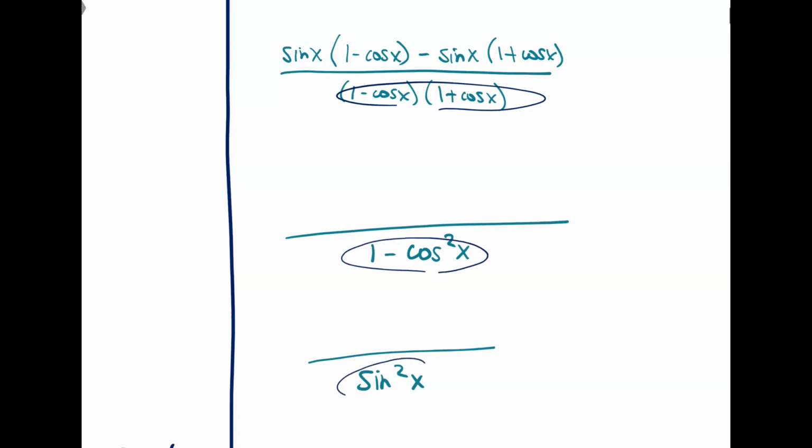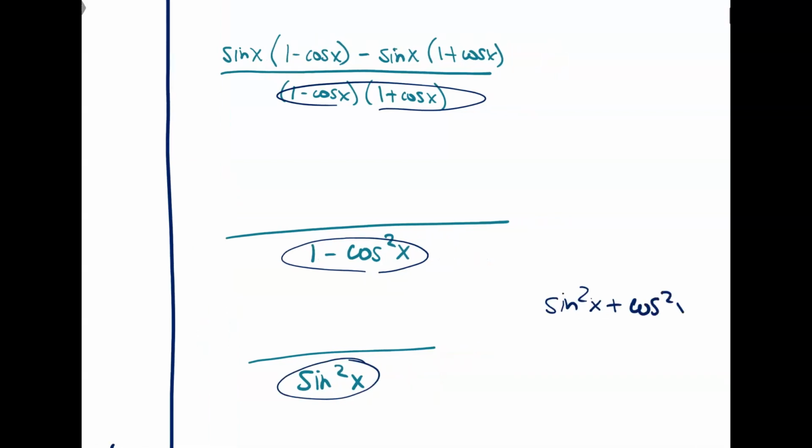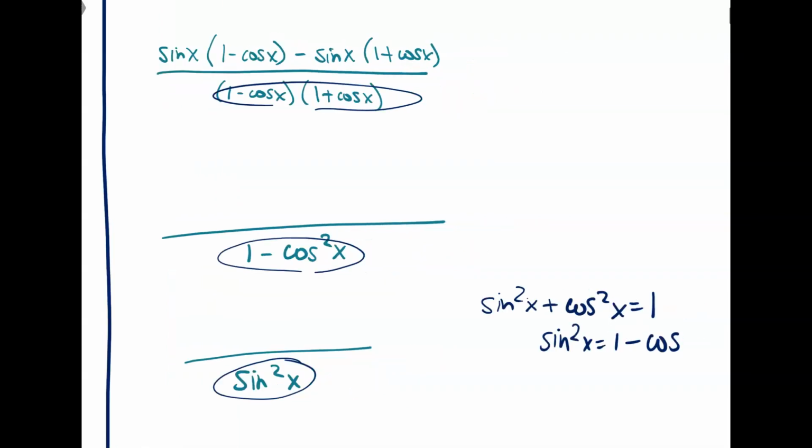Guess what? Sine squared x plus cosine squared x equals 1, so sine squared x is 1 minus cosine squared x, just moving it to the other side. Then I could put in sine squared right there. We did 2 steps ahead with the bottom, but we've got to figure out this top first.